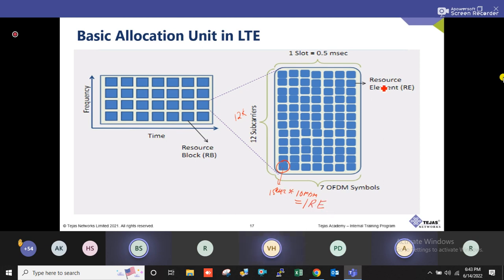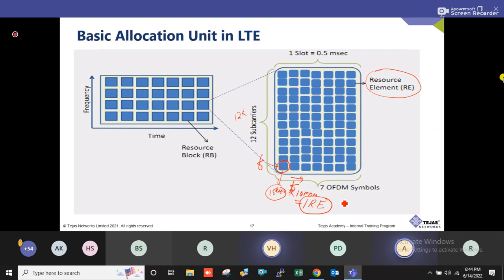RE stands for resource element. One resource element means you have to consider both domains, frequency and time. So 15 kilohertz in frequency domain times one OFDM symbol becomes 1 RE.